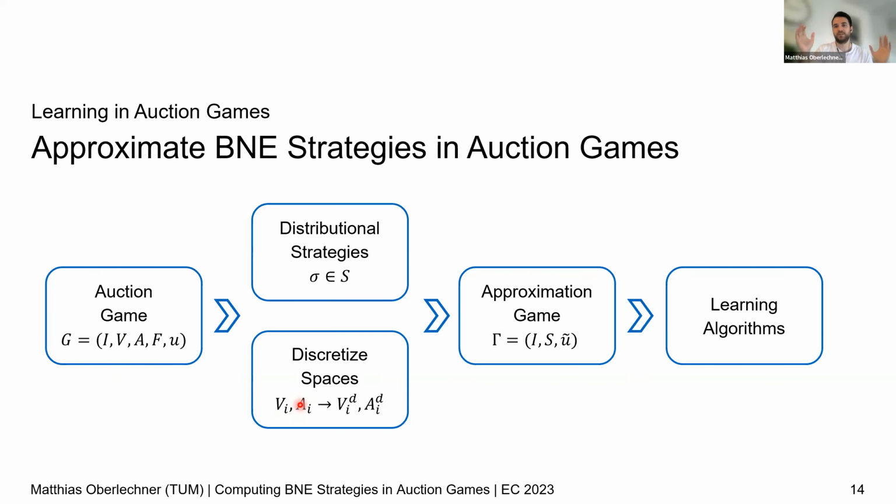And so this explains our procedure. Starting with the auction game, we discretize spaces, use distributional strategies to end up with some complete information approximation game, where we then apply our learning methods.